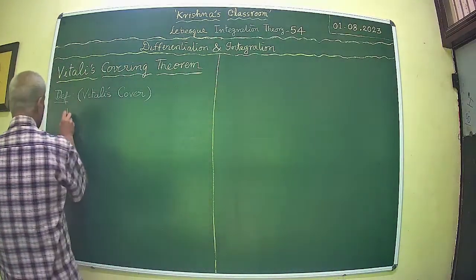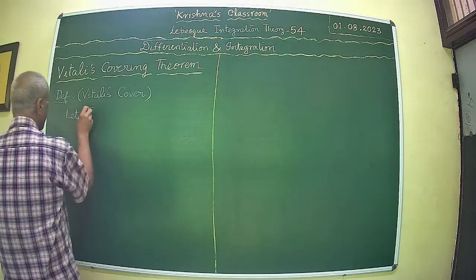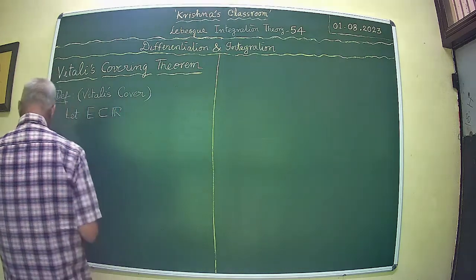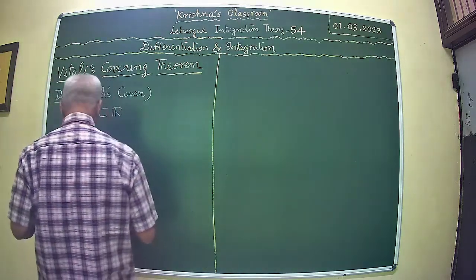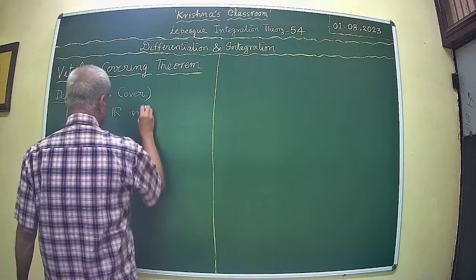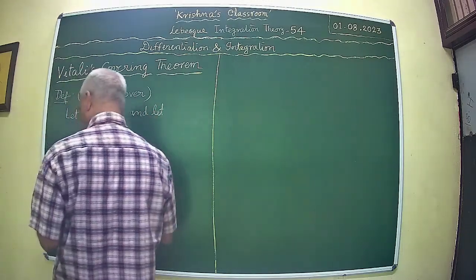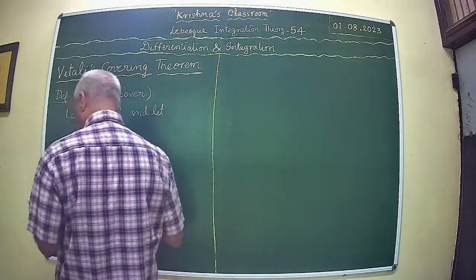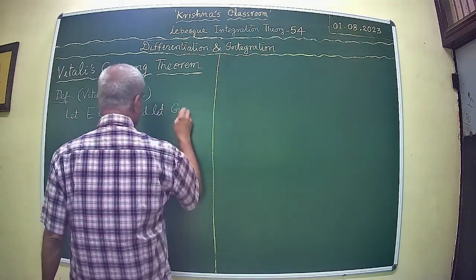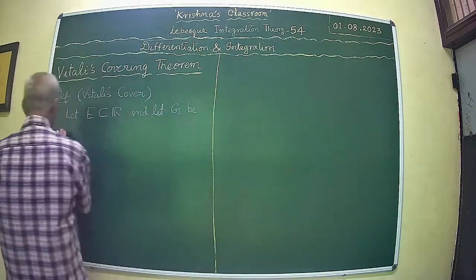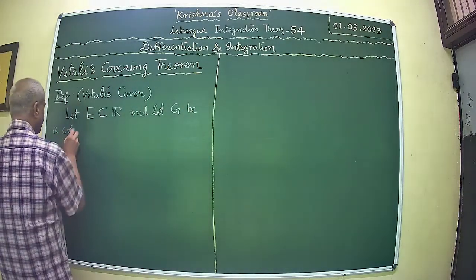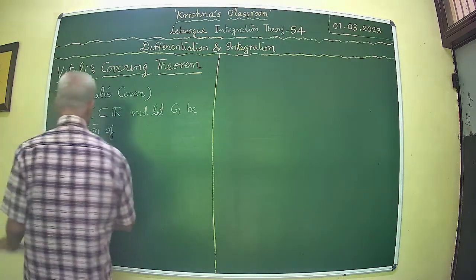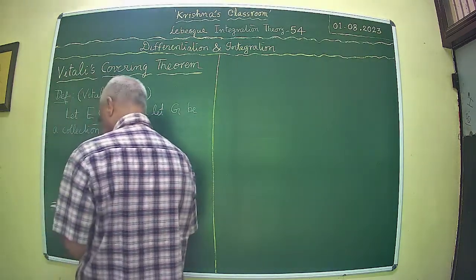Let E be a subset of R with finite outer measure, and let G be a collection of intervals of positive length.